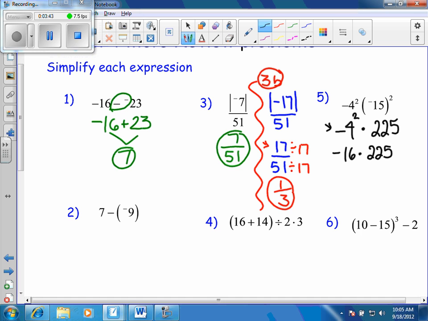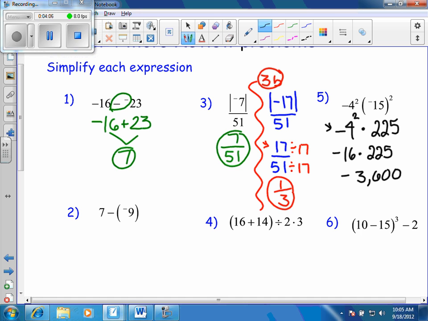And then what's 16 times 225? What did you get, Emma? -3,000. Pardon me? 600. Anybody else get that? Okay, just a second. Do we all agree that when you multiply 16 times 225, you get -3,600?